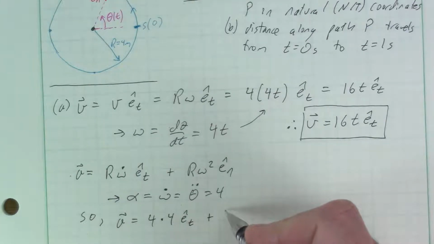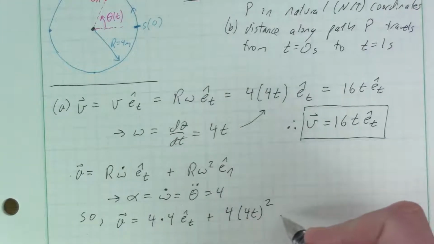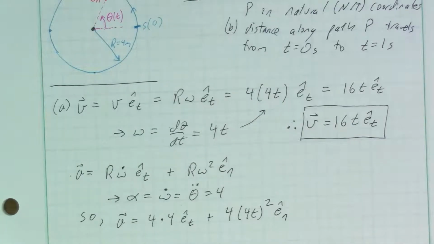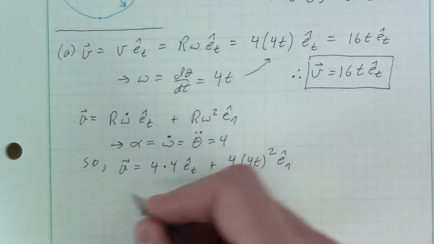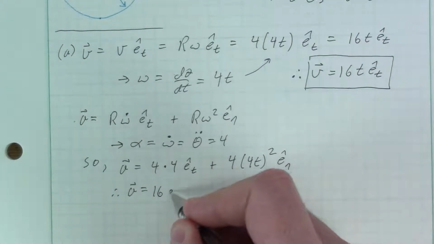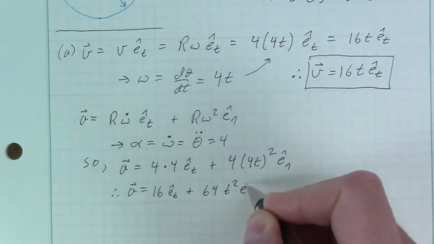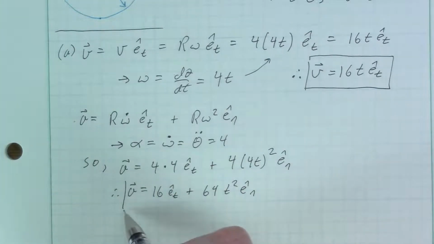And for our normal component, 4 for the radius, 4t is omega, we'll square that, e sub n, the normal unit vector. So simplifying, we get 16 e_t plus 64 t squared e_n. And that's it for part A.